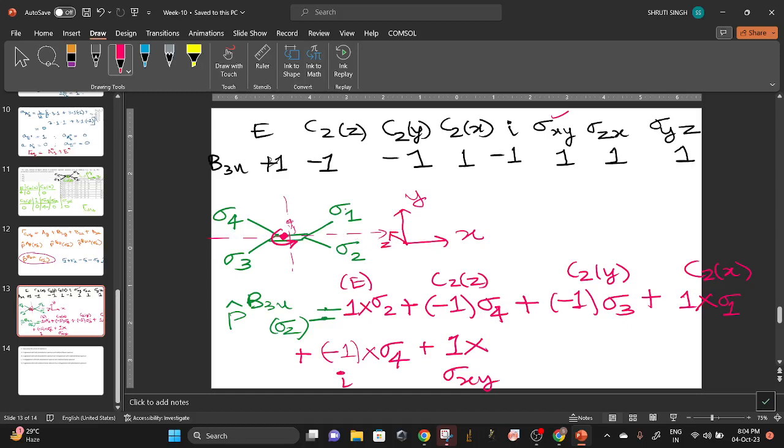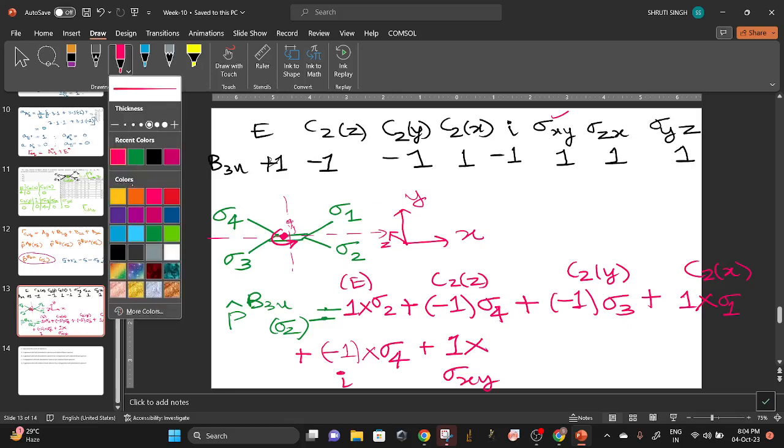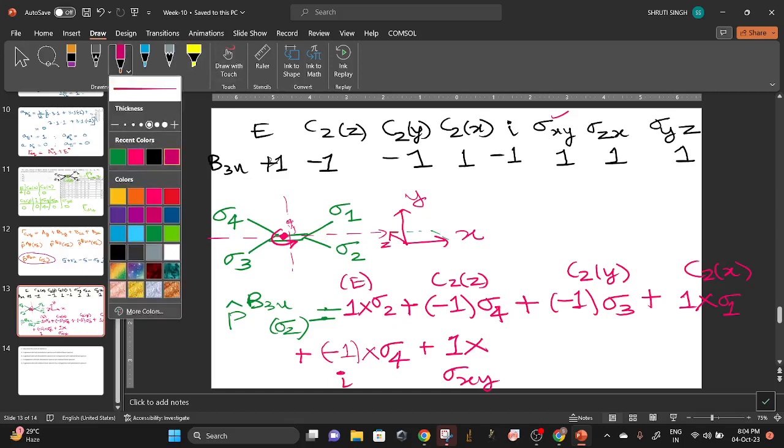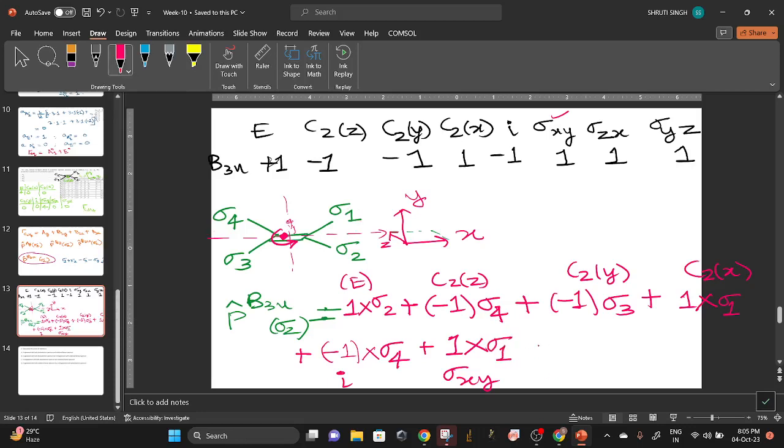So sigma 2 will become sigma 1 because this is the xy plane. Can you see? I have drawn it here. If you put a plane here, it will reflect these two, right? Yes, sigma 2 will become sigma 1.